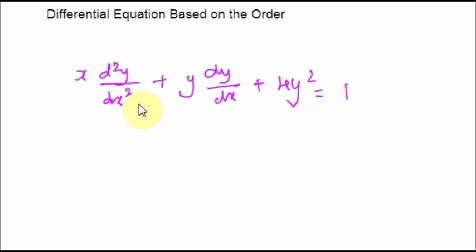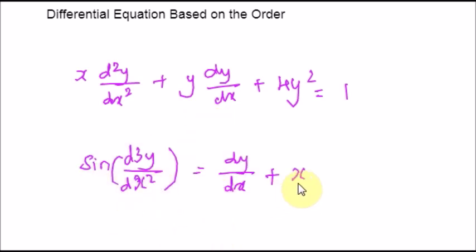Okay, let me give you one more example. In some cases, you may not see one of the terms, but you should understand the term that is not mentioned. I'll give you one example like that. Please have a glance over this example. We have x dy over dx, d cube y over dx cube.